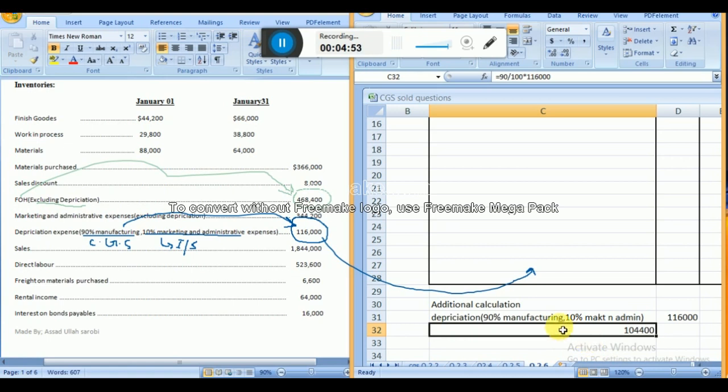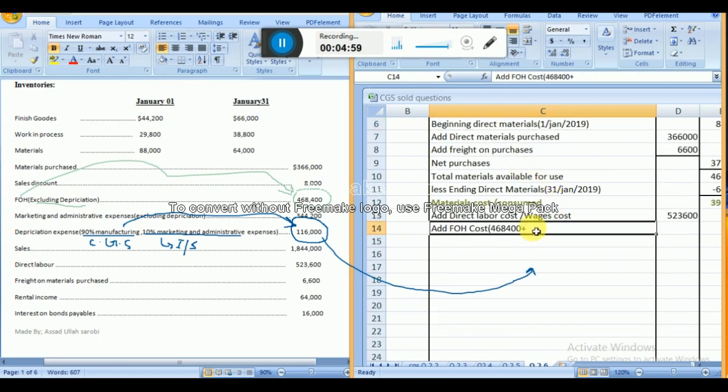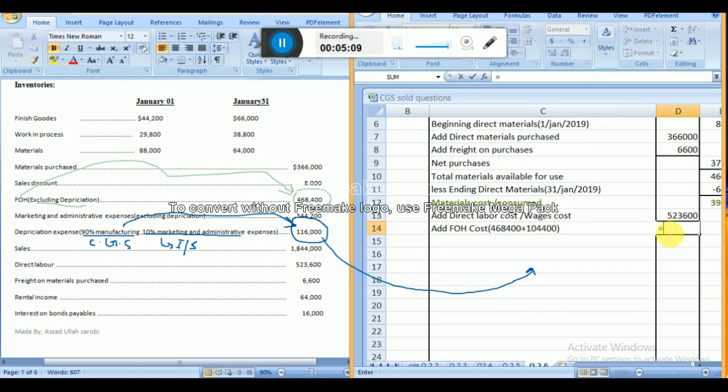Clear? So now 1,04,400 I will add here. So how much is the total amount now?